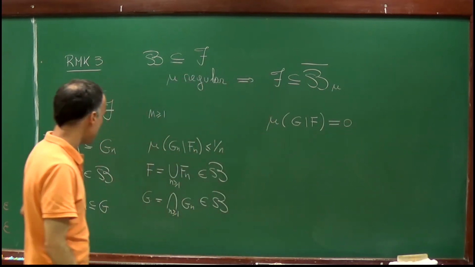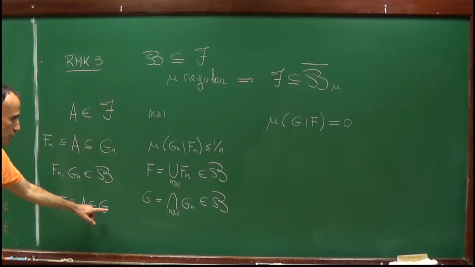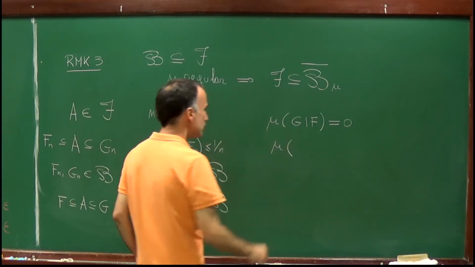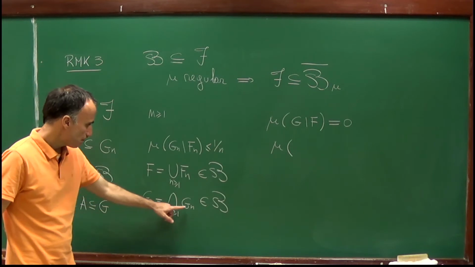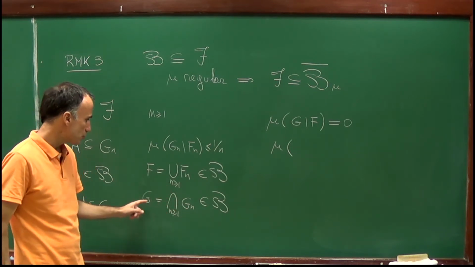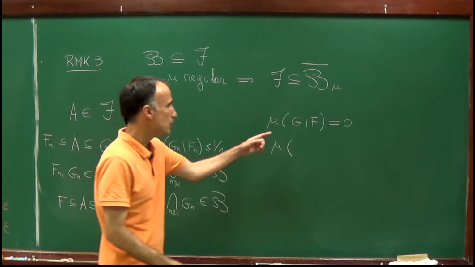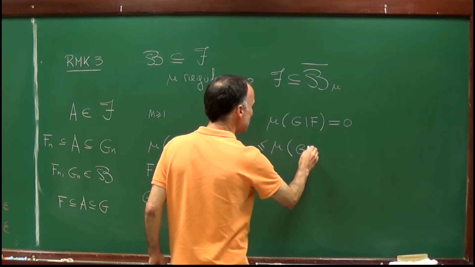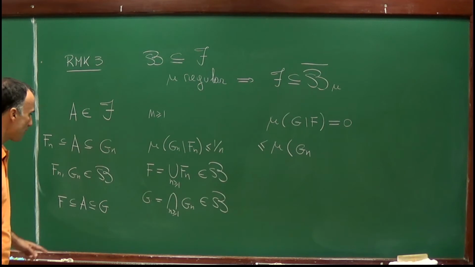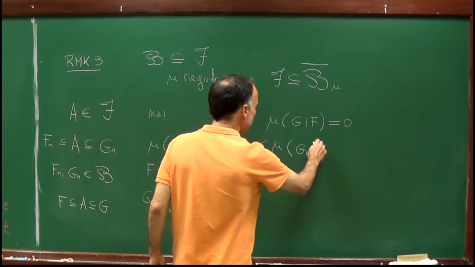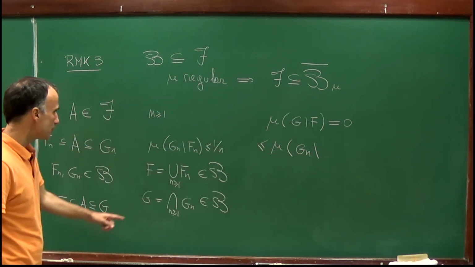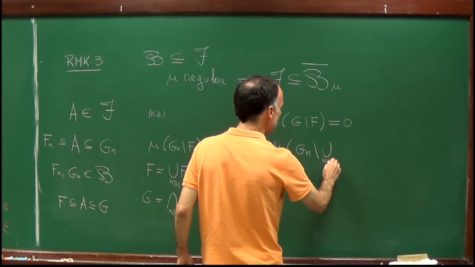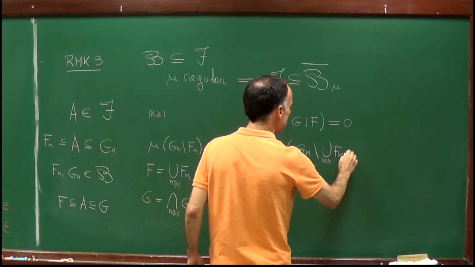Right? Because G is the intersection of Gn, so G is contained in Gn. So the measure of G minus F is certainly less than the measure of Gn minus F. But F is the union over k of Fk.